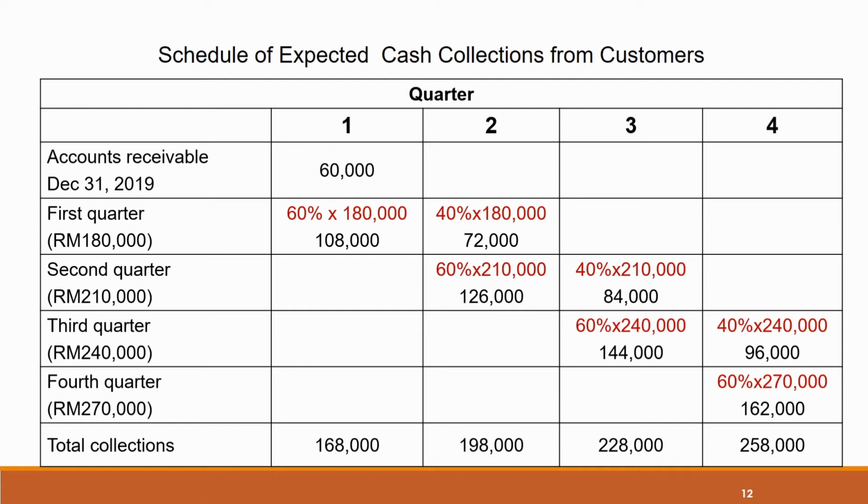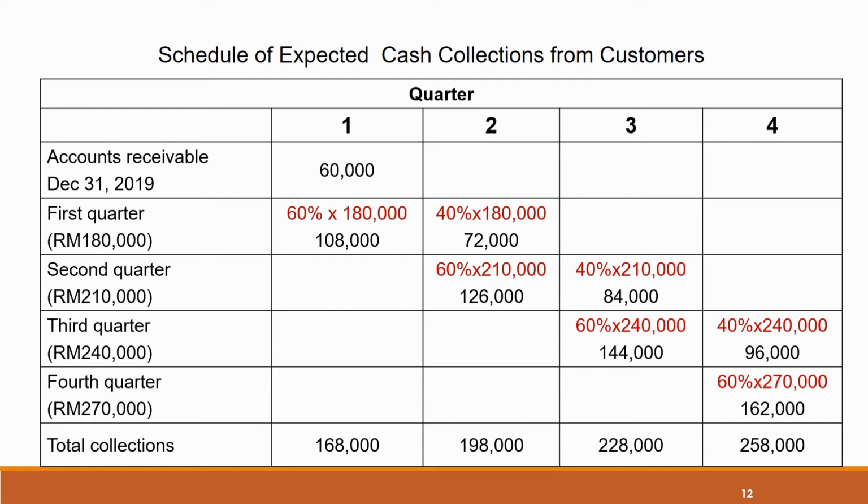So the total collection for quarter 1, you add all this amount, you get 168,000. For the second quarter, 72,000 plus 126,000, you get 198,000.